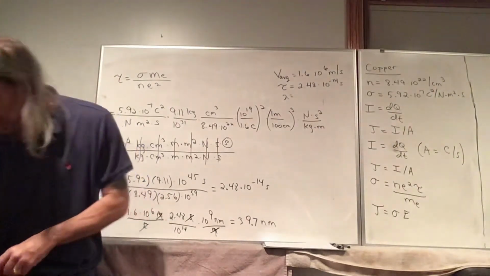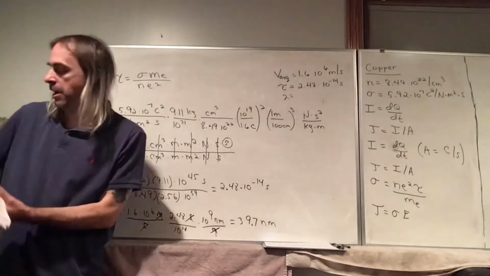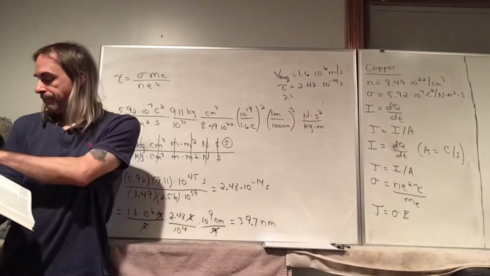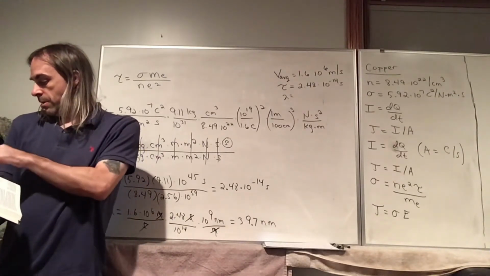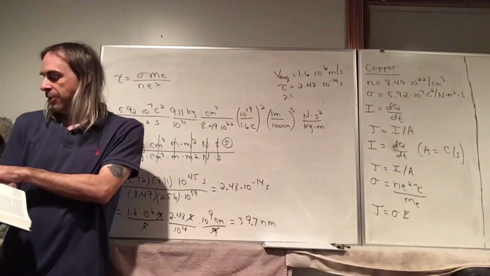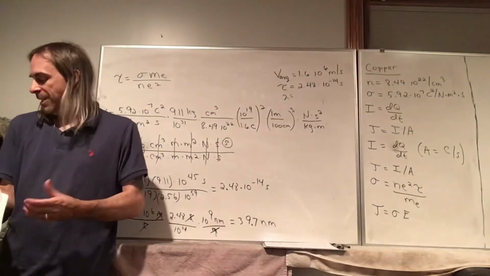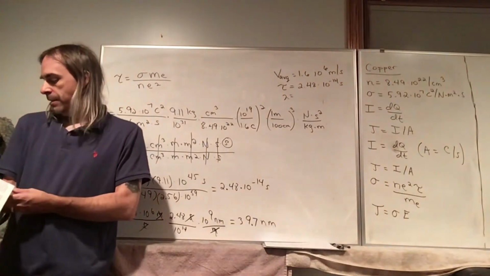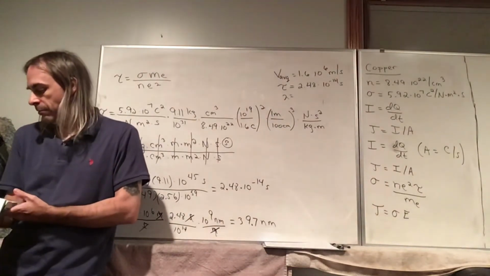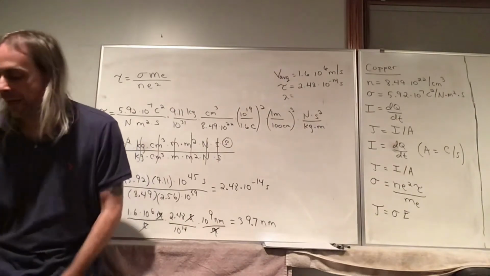Now, the distance between atoms, just look this up. Yeah, the distance it travels is about 150 times the distance between the neighboring ions in a copper lattice.